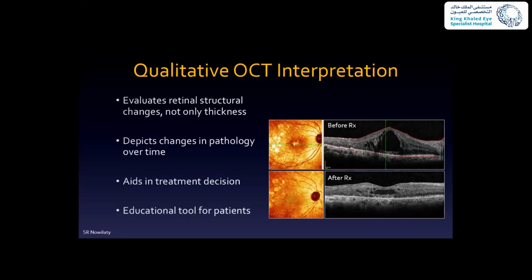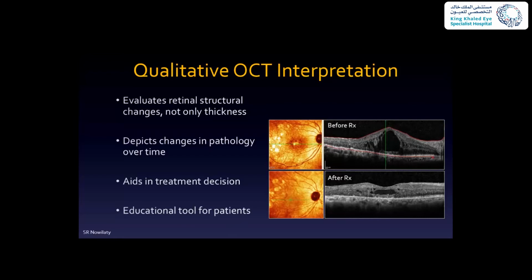I'd rather have you go out of this lecture really grasping everything. Qualitative OCT interpretation is much more interesting than just looking at thicknesses and volumes based on maps. What we do is we look at the line scans and the volume scans, every little line scan one by one, and we try to evaluate the structure of the retina, all the layers of the retina, because then we understand the pathology much better.